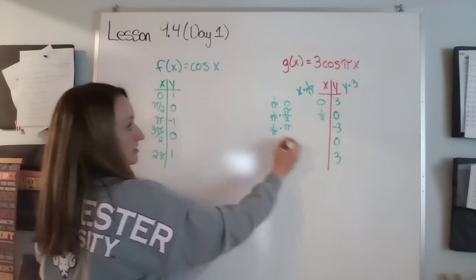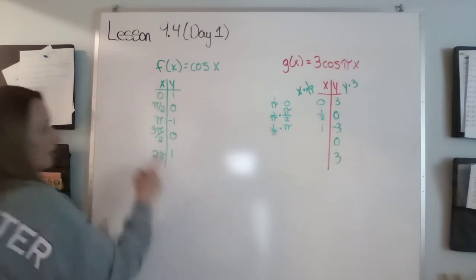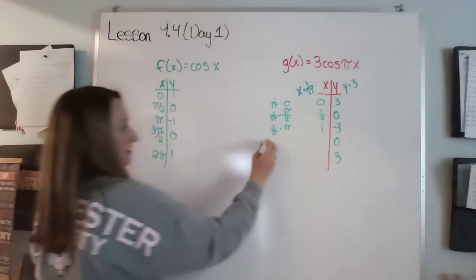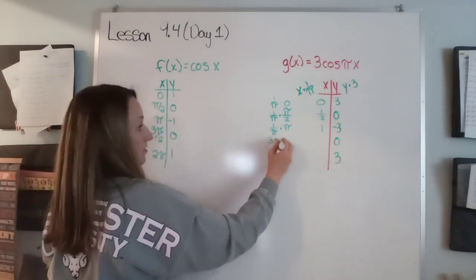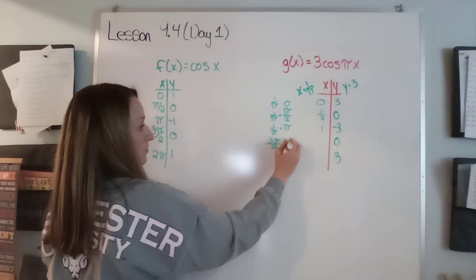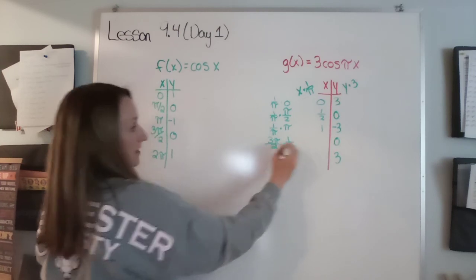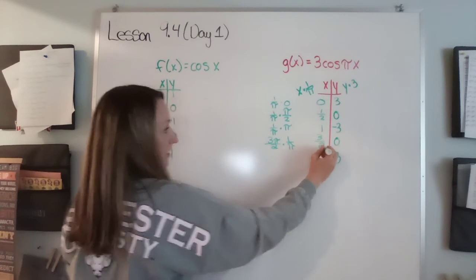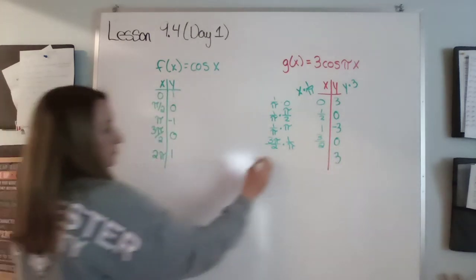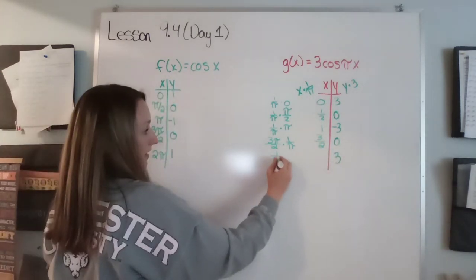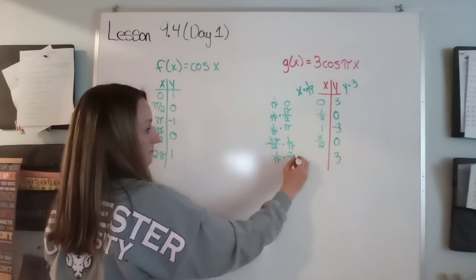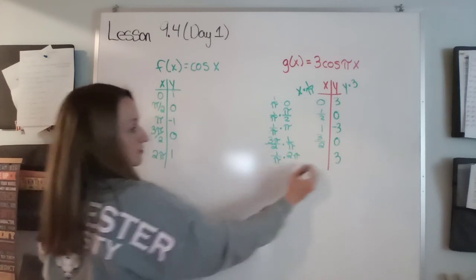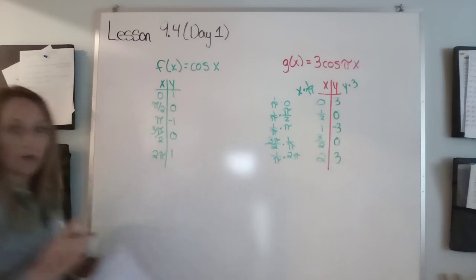The pi's cancel, so it's just a 1. Then 3 pi over 2, times 1 over pi. The pi's cancel, so it's just 3 over 2. And then finally 2 pi times 1 over pi. Again, the pi's cancel, that just leaves you with a 2.